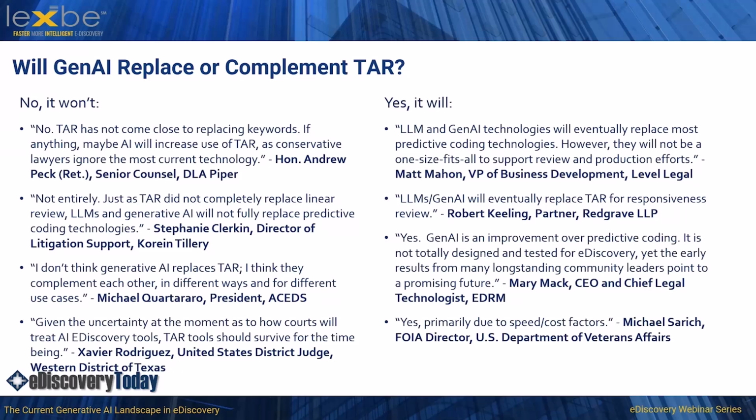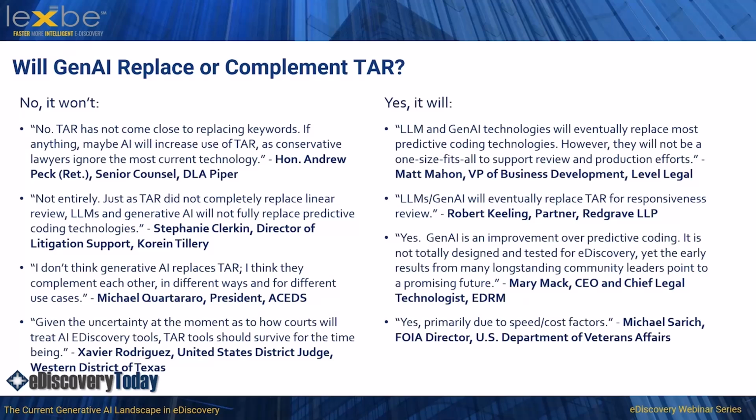So I think it will be very interesting to see how much of the industry does adopt generative AI compared to the way they've adopted TAR, especially given that, unlike predictive coding, many lawyers out there are using generative AI chat tools like ChatGPT and other AI models. So I think they're developing a comfort level that they never did develop with predictive coding.